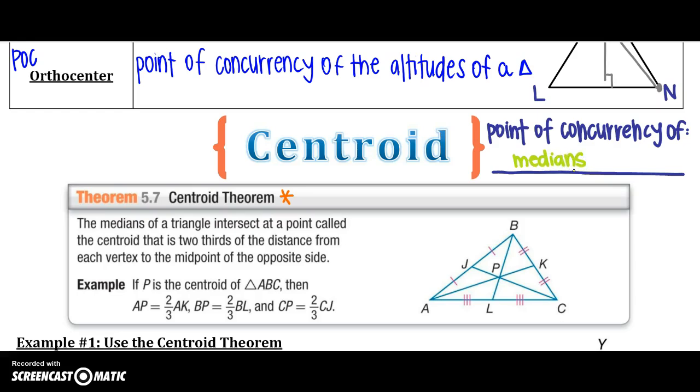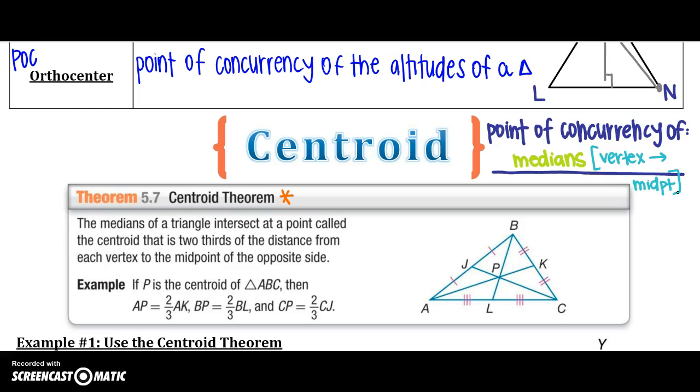Think about the median on the highway, which is in the middle. I always think of that median going from the vertex to the midpoint of the opposite side. Median, middle, however you want to remember it.